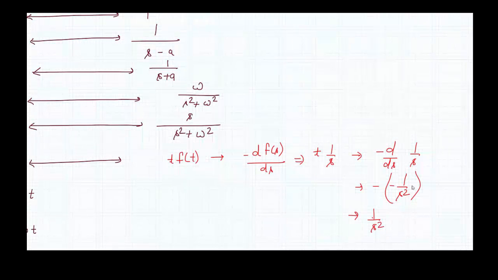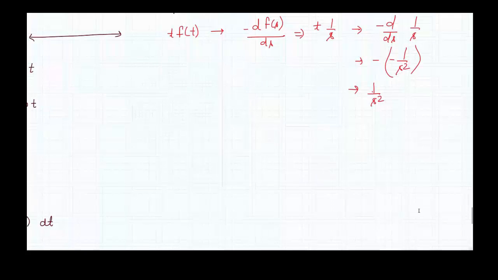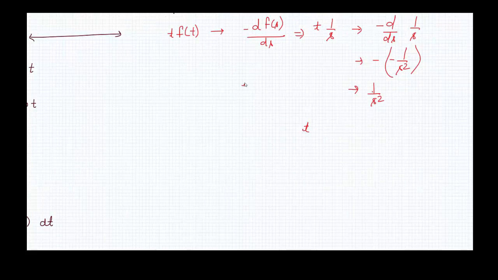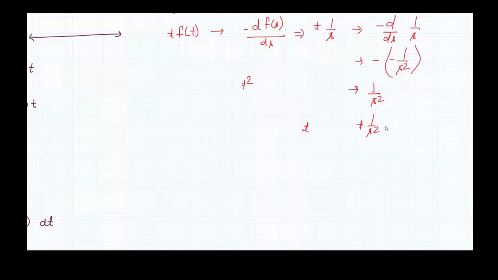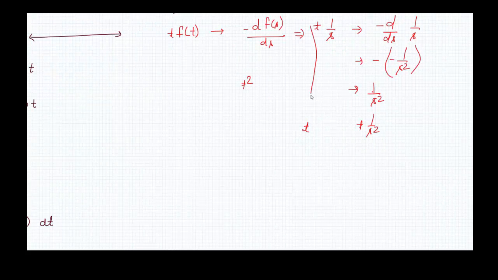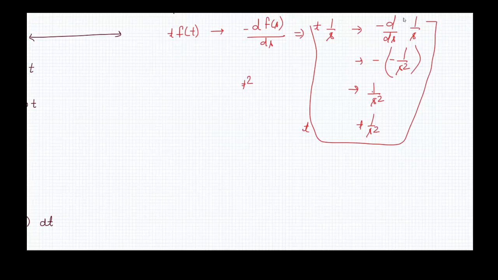Again, suppose you multiply by t. So suppose it was t square, and you again multiply it by t, like t times 1 by s square. What will you get? This way I am telling you is never to be written in your actual copy.